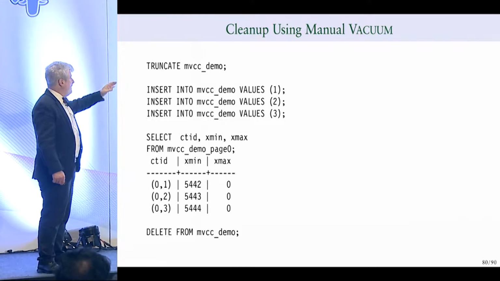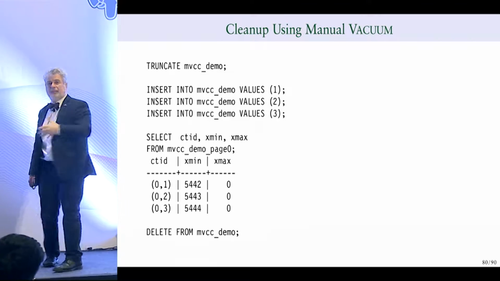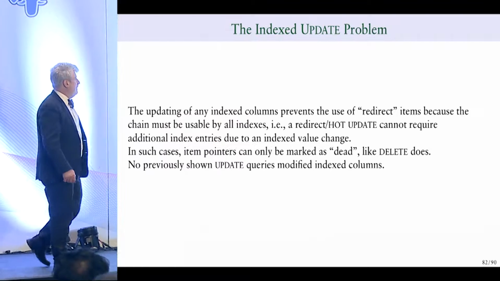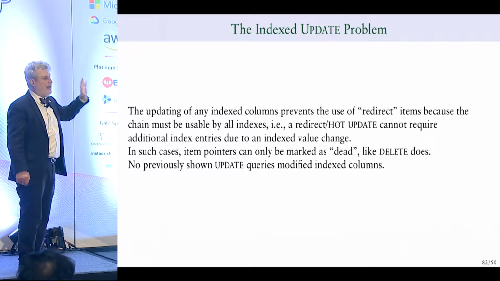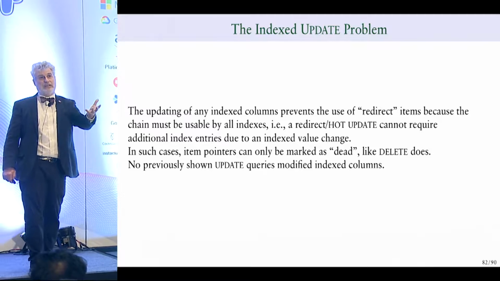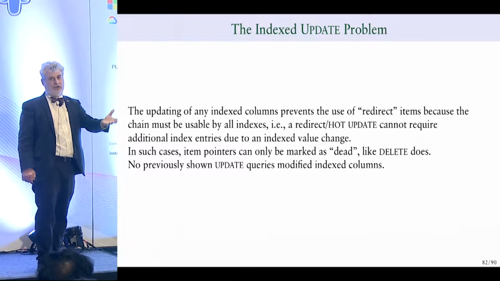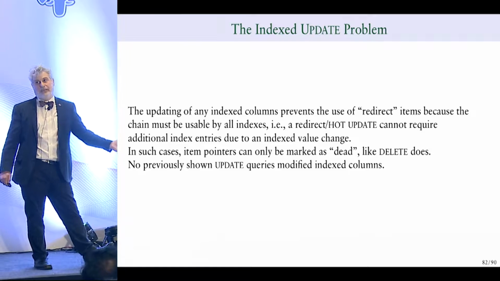So again, if you run vacuum itself, vacuum is a more powerful cleanup, and it will automatically wipe out all of the stuff. So again, if you modify an index column, we can't do this anymore. If you're indexing and you update an index column, we can't do this optimization anymore.